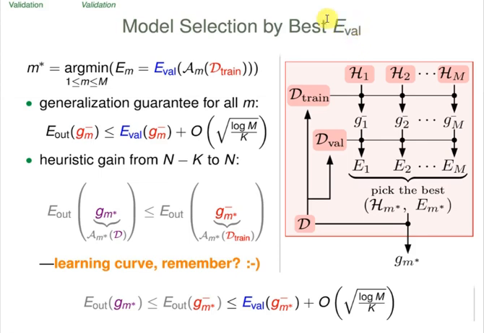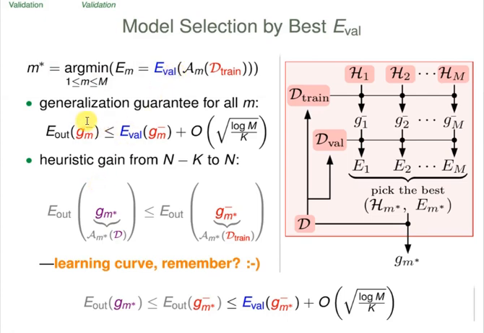We can think of using the E-validation metric as our criterion to select a model among M models with a minimum E-validation error, right? Here, our algorithm learns a set of model hypotheses using D-train, and we use E-validation on the final selected hypothesis to evaluate its validation performance and select one of the models based on this error measure.